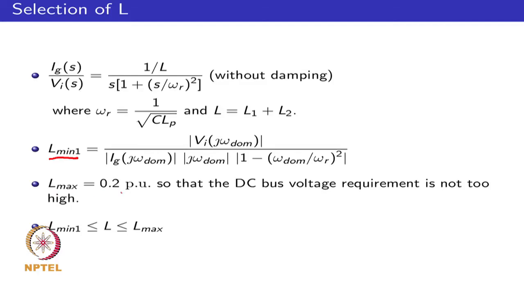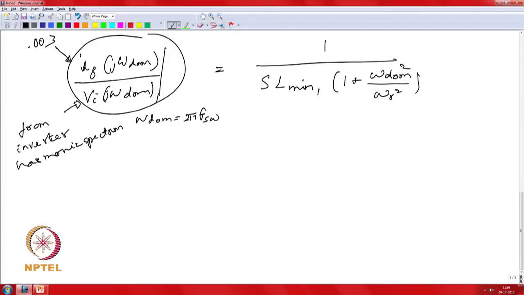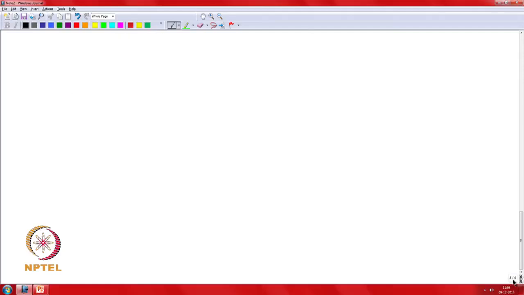You also have a maximum limit, L max, which is the maximum value of L1 plus L2, and this is based on the DC bus voltage requirement. So, if you look at a typical power converter connected to the grid, consider a power converter operating with a 20% filter impedance value of L, operating say at unity power factor Ig.